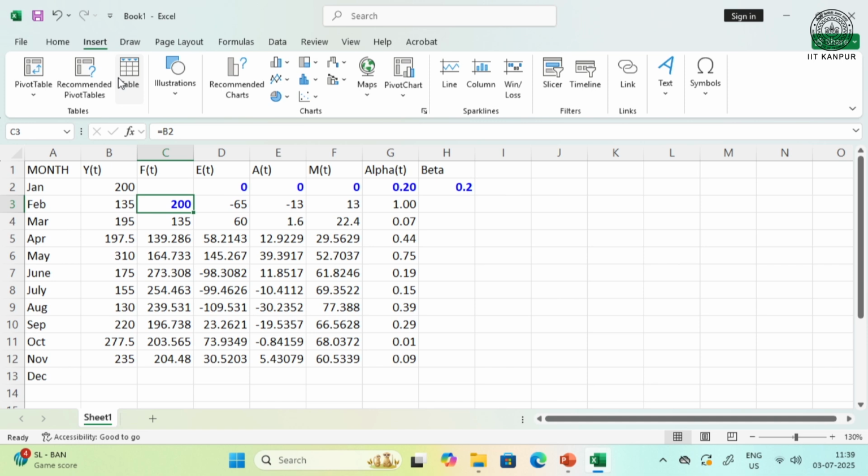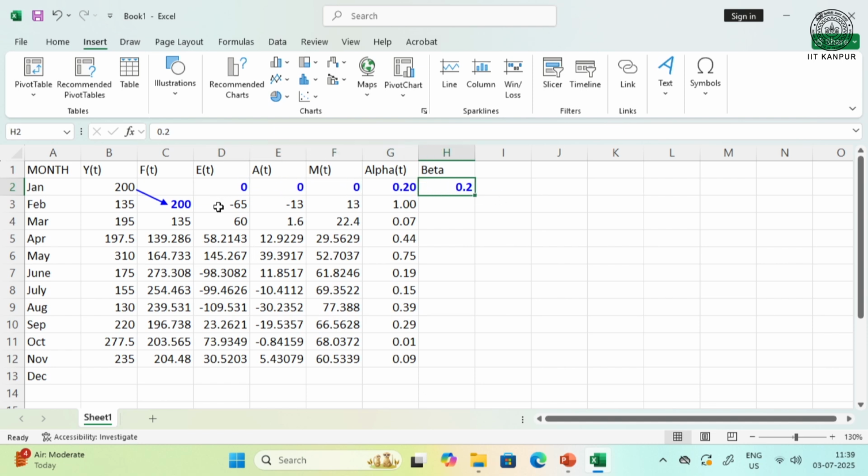I generally do not switch back, but in order to save time I am copying from the previous. So, this is the value which will be copied, for clarity and without any ambiguity. ET is 0, because we are considering the error to be 0, AT and MT 0, 0.2, 0.2.